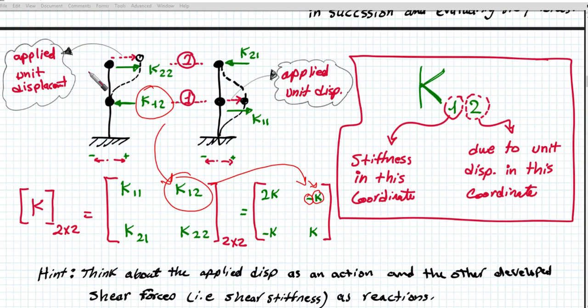This very simple concept, if you understand it in this example, you can apply in any multi-degree freedom system, whether it is 3, 4, or more, because they apply exactly the same concept. So if you understand what I'm saying now, you have understood how the stiffness matrix is formulated.